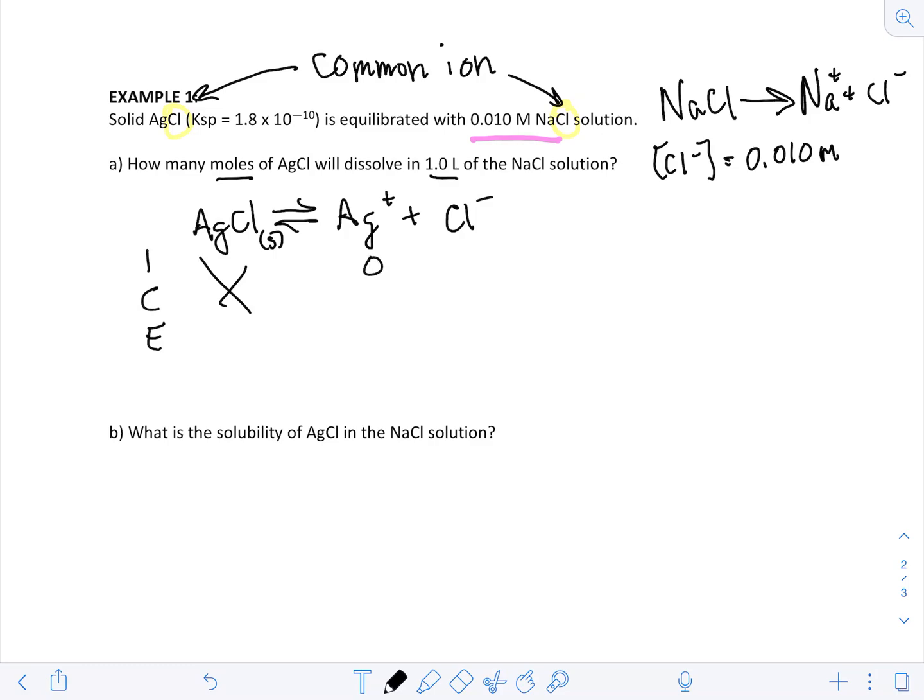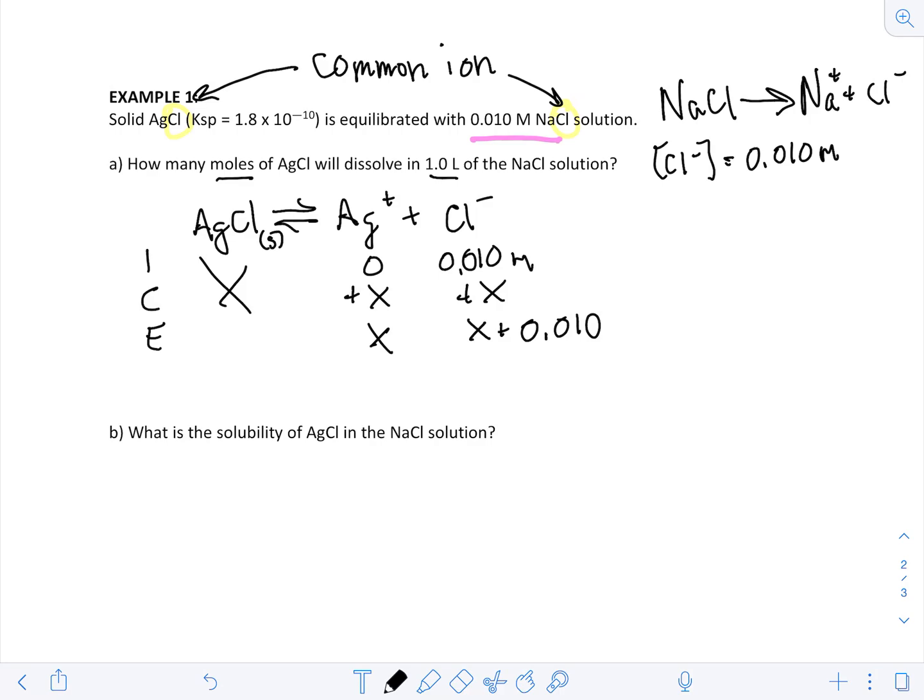We're going to assume that there are 0 silver ions in the solution, because none of the silver has dissolved yet. And under chlorine ion, we're going to put 0.01 molar. The change is going to be plus x, and the equilibrium is going to be x for silver and x plus 0.010 molar for chlorine.